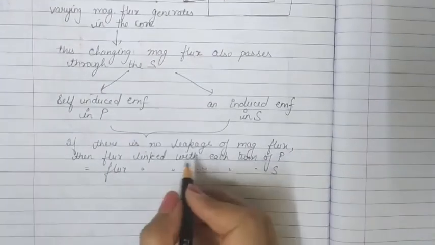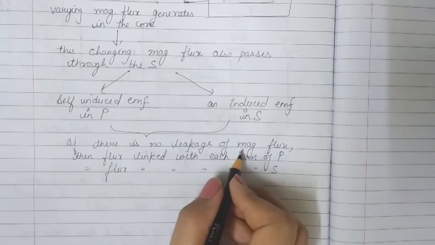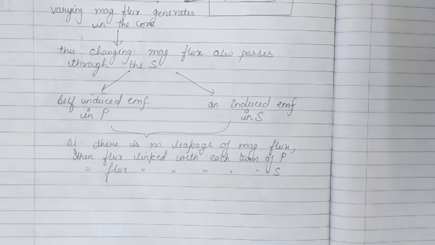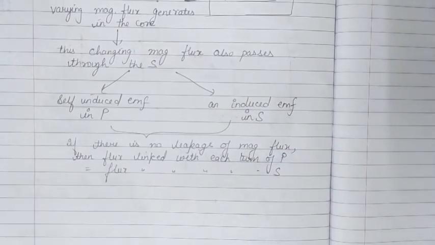No leakage means there is no loss of magnetic flux. That means as much magnetic flux as is connected to the primary coil will be connected to the secondary coil. And to satisfy this condition we are using the same soft iron core.